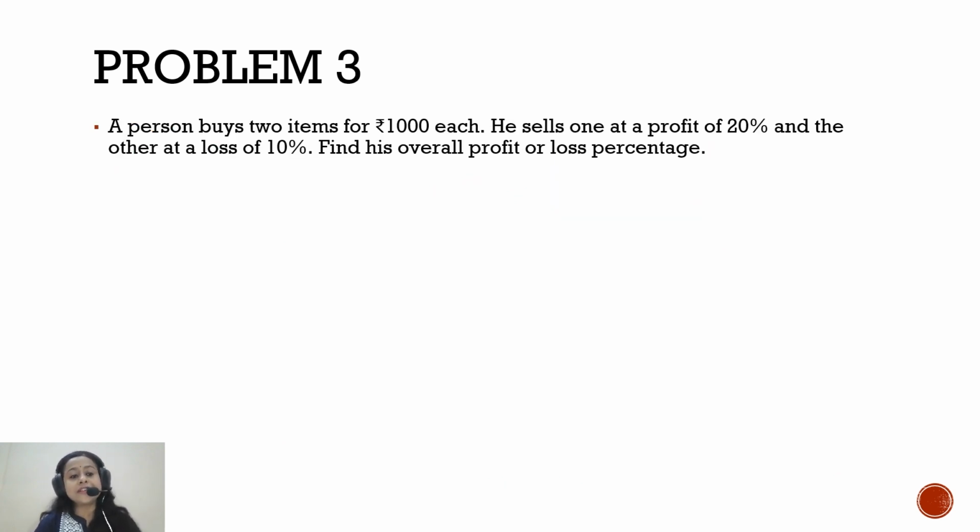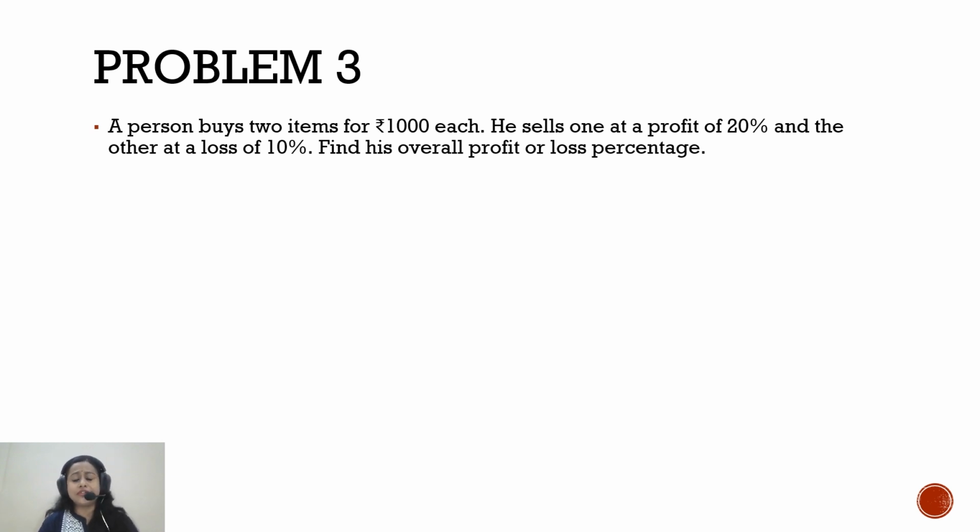So the next problem is a two product problem. A person buys two items for 1,000 each. So obviously the cost price for each item is 1,000. He has purchased two items. He sells one at a profit of 20%.